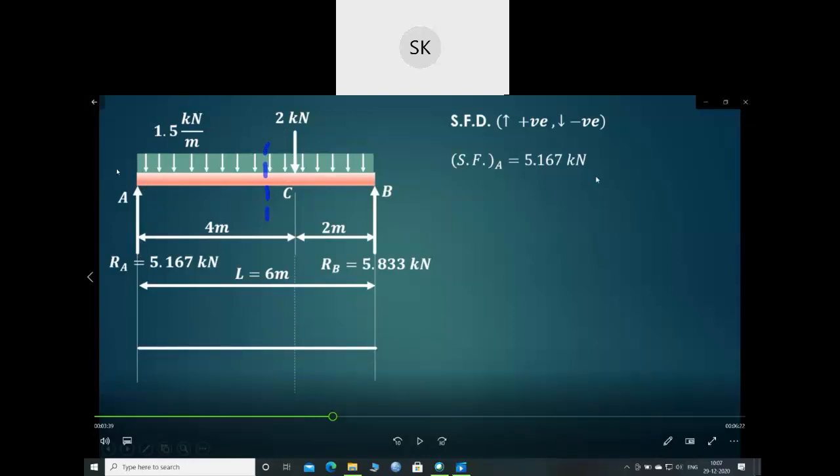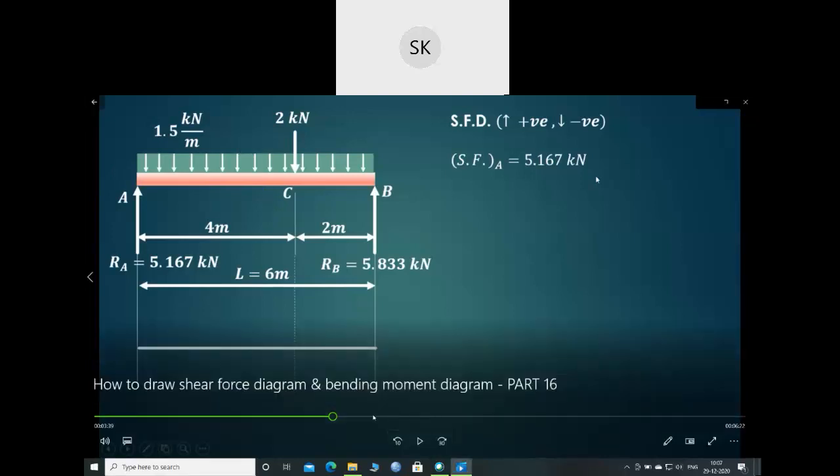So what will be my equation? My equation will be this one. How? I have this Ra, which is 5.16, in the upward direction. Now this UDL is acting in the downward direction, so 1.5 into 4, I got 6, so minus 6.